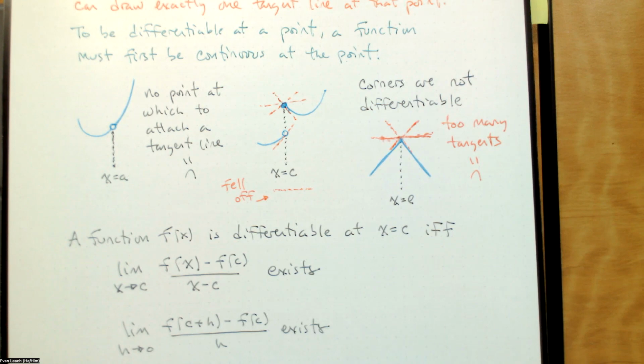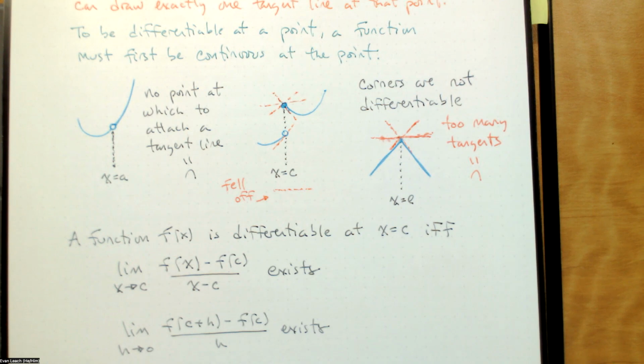The reason that we don't see the difference in the bottom is that any x or c in the denominators cancel out. Here the change in y is f of c plus h minus f of c. The denominator is c plus h minus c.